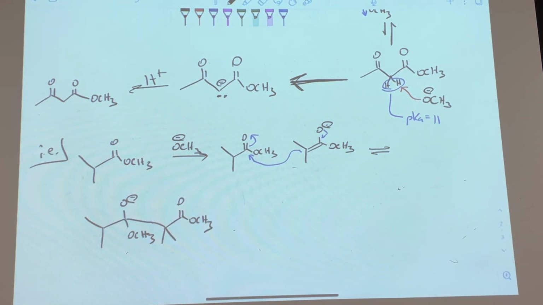The bonds are a little bit awkward, but you get the idea. The carbonyl reforms, kicks out the methoxide. Again, this is not the greatest of steps because you're kicking out a bad leaving group.